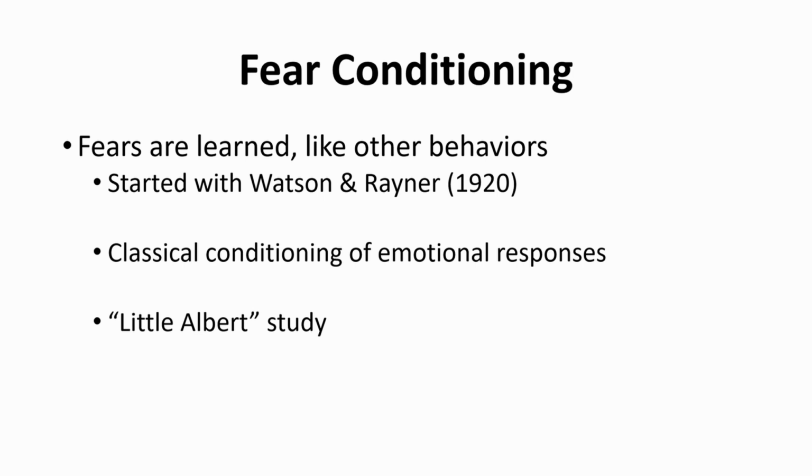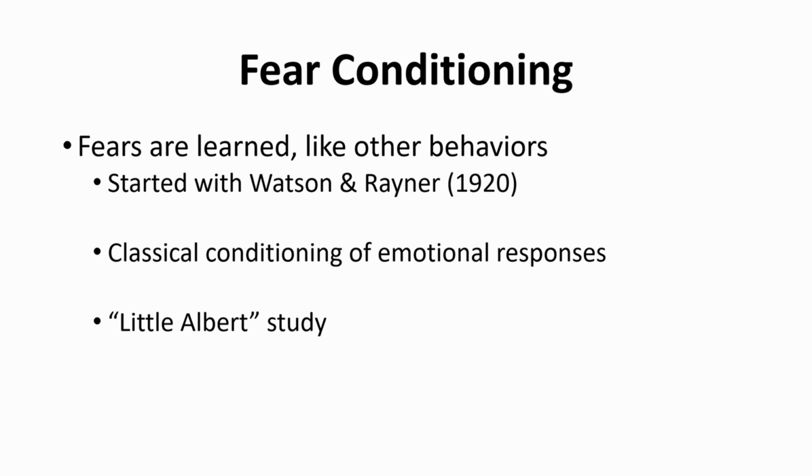They could then make him cry just whenever he saw the white rat. This is also a great study to talk about things like generalization, where he came to associate anything white and fuzzy as being scary, but that's something for another day.